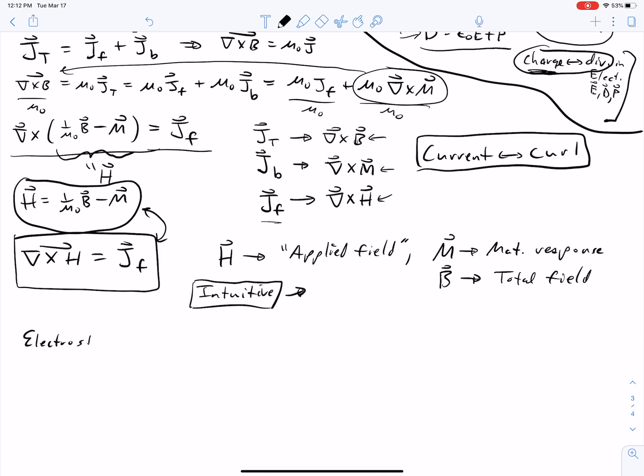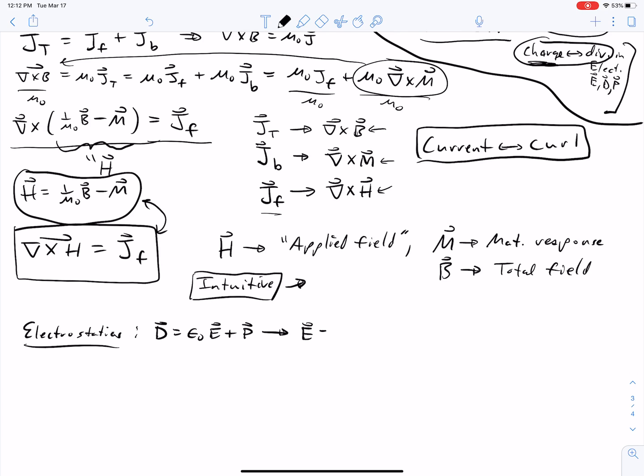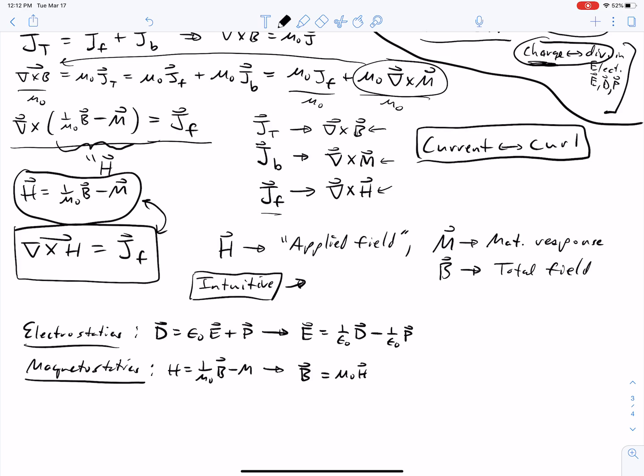In electrostatics, we had D equal to epsilon naught E plus P, which meant that E is equal to 1 over epsilon naught D minus 1 over epsilon naught P. Whereas for magnetostatics, we have H equal to 1 over mu naught B minus M, and so we end up with B equal to mu naught H plus mu naught M. The structure of these formulas is a little different, and it can be confusing when you first look at it.